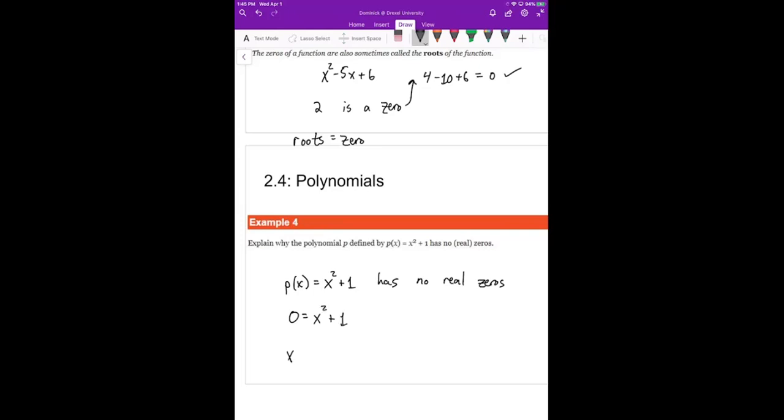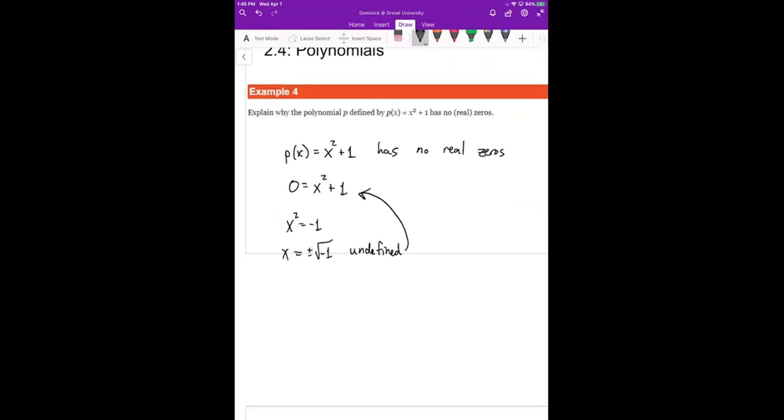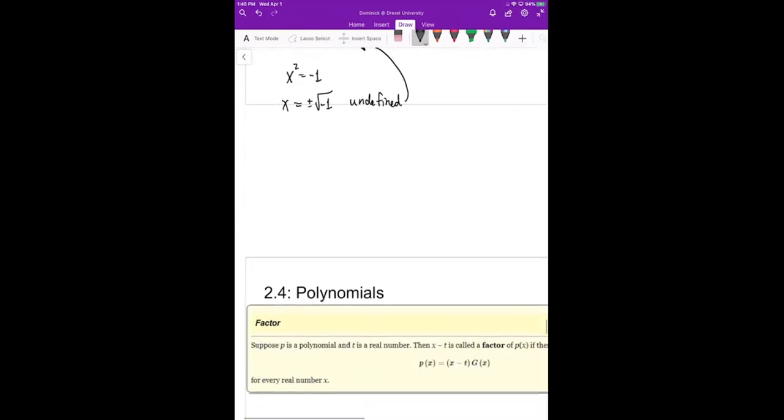And of course, you have a problem because you get x squared is equal to -1, which means that x is equal to plus or minus the square root of -1. But this is undefined, which means that this equation has no x solutions. So of course, there are no real zeros. That's why x squared plus 1 has no real zeros.